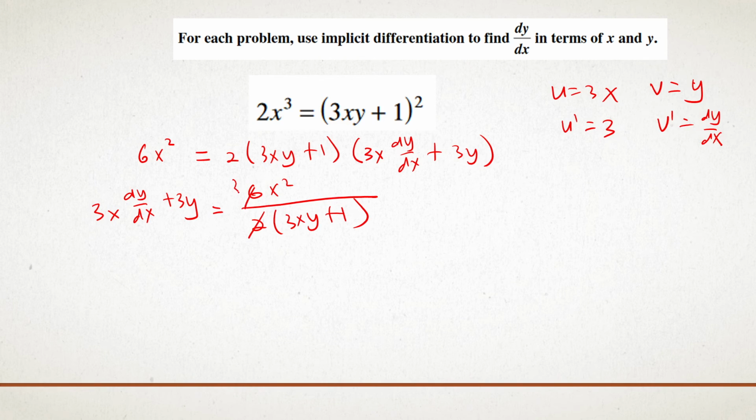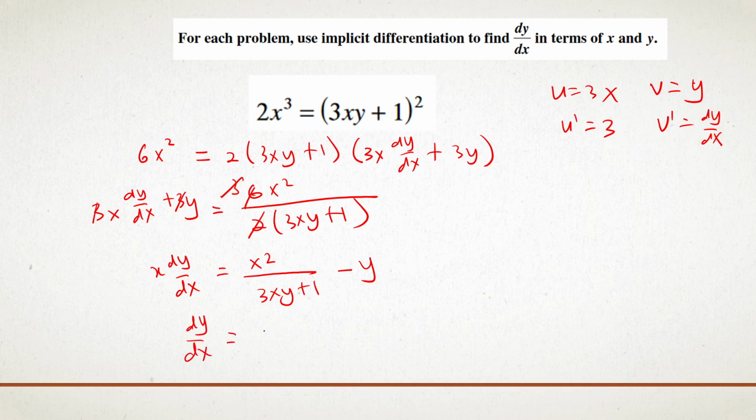So this one cancels off and this one can cancel off. So my x dy/dx equals x squared over 3xy plus 1, minus y. And lastly, dy/dx equals 1 over x, times x squared over 3xy plus 1, minus y.